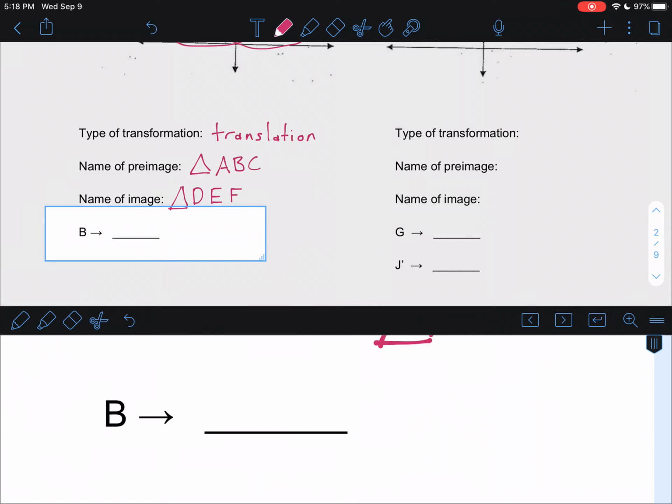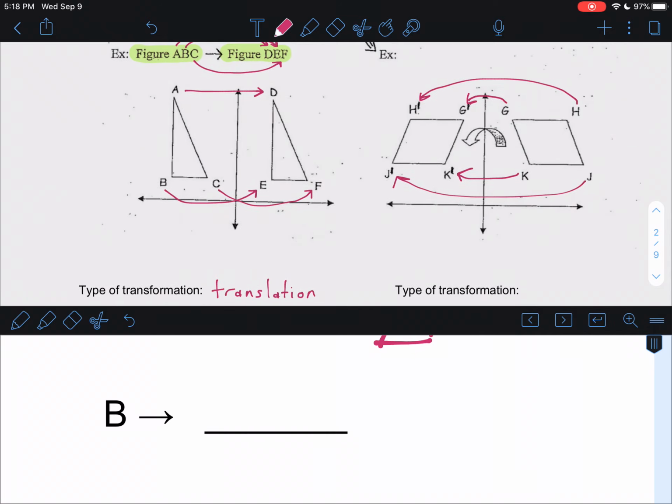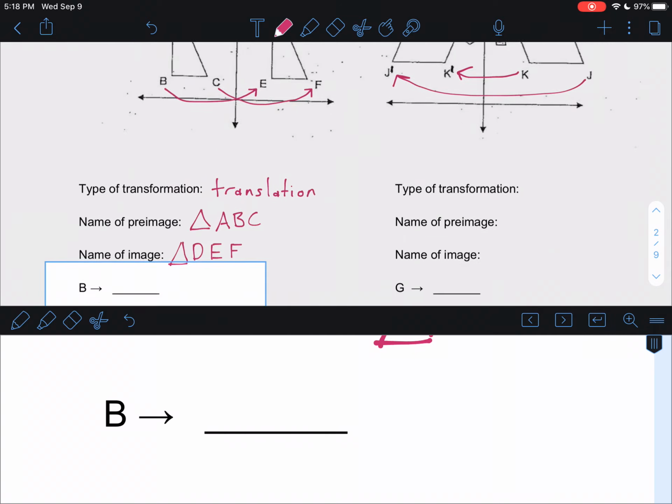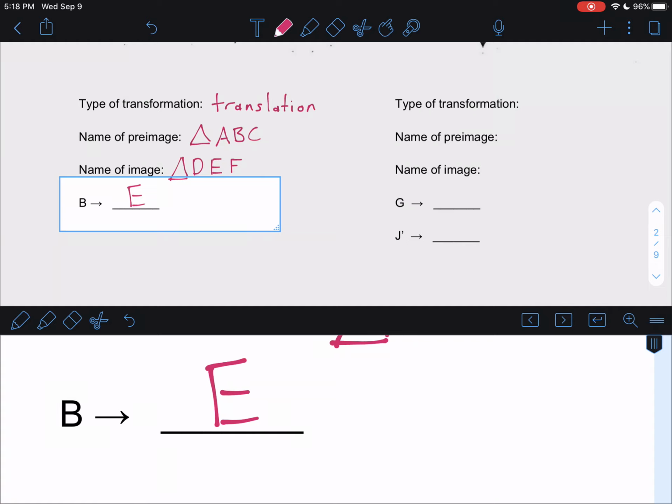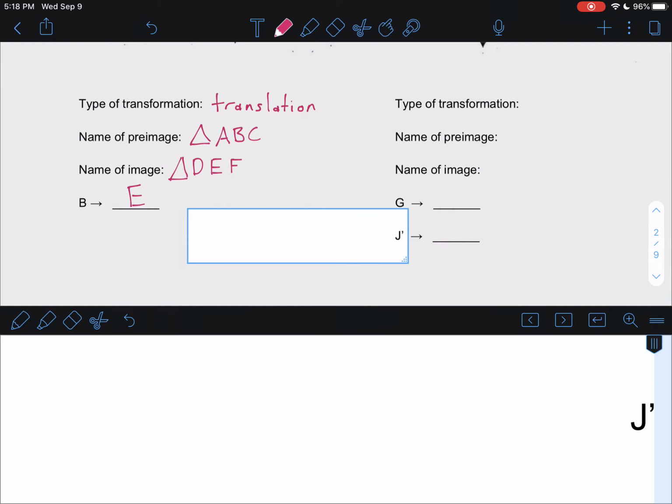And then it has the B mapping onto blank. And as we said, the B mapped onto E. Okay, cool.